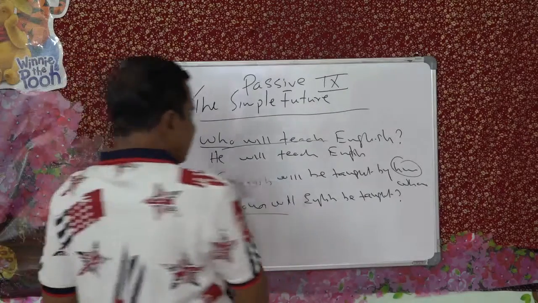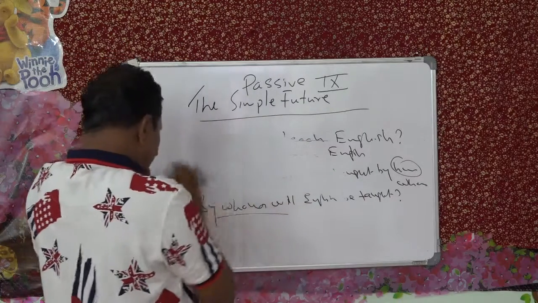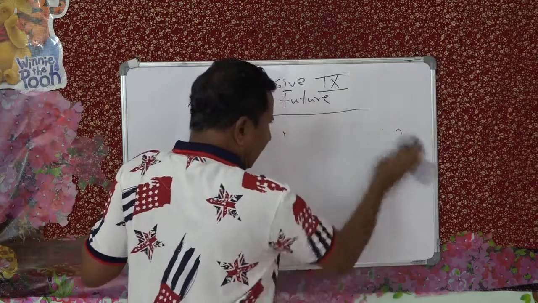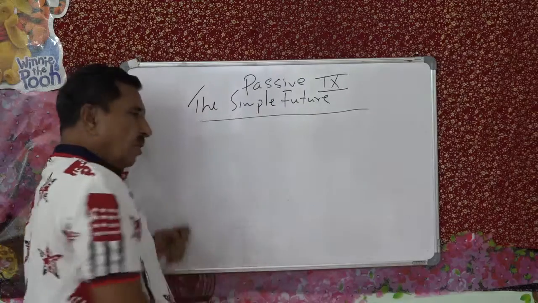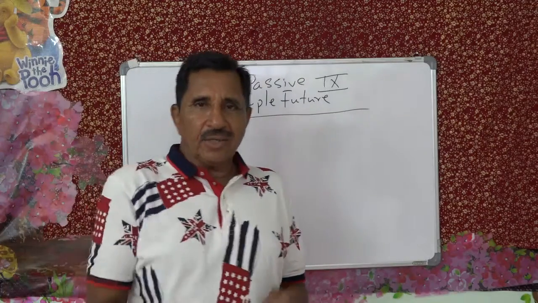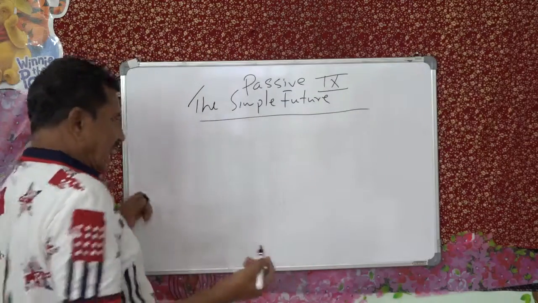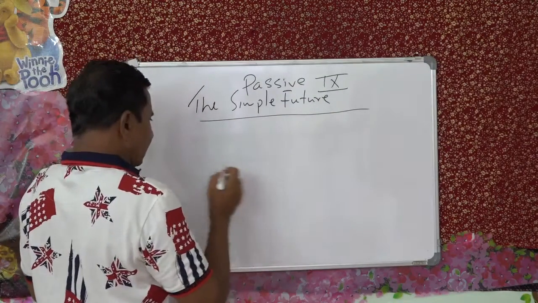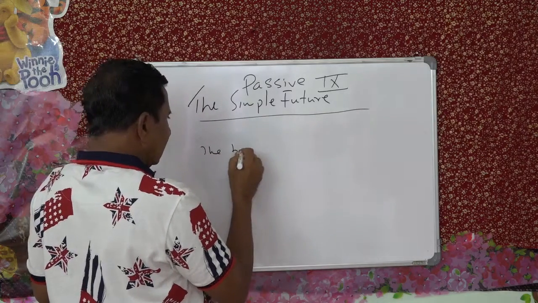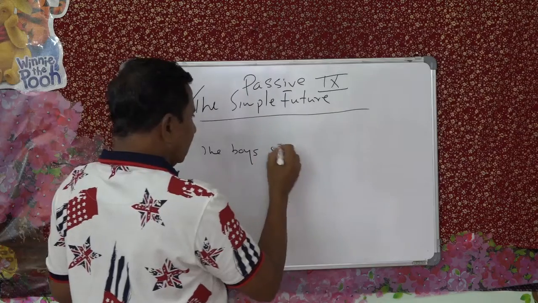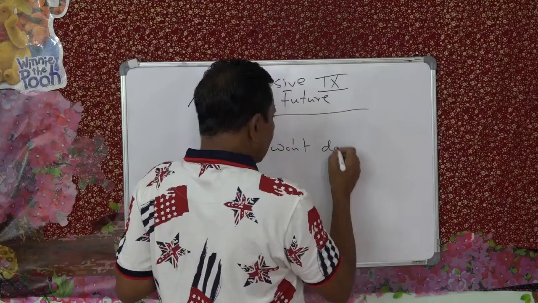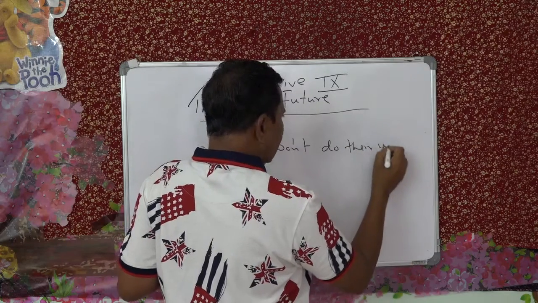Suppose you get a negative sentence. We have so far tried it, but it's the same. That's why I thought that negative sentences won't create any problem for you. But one of you came to me and said to show the negative sentence also. Okay, let's see. The boys won't do their work.